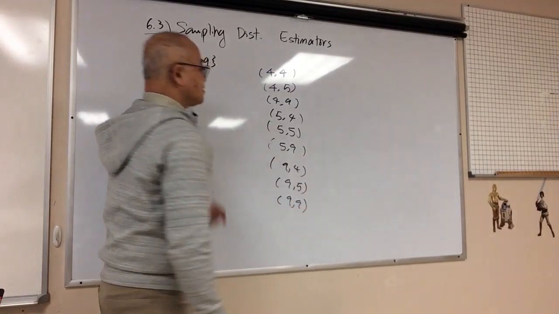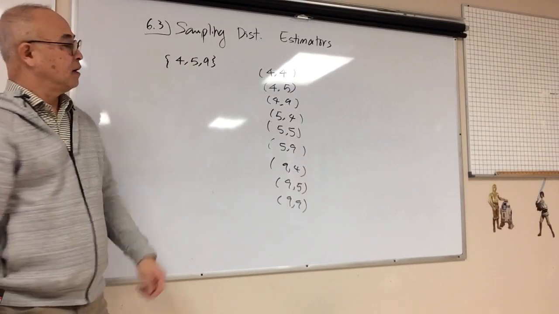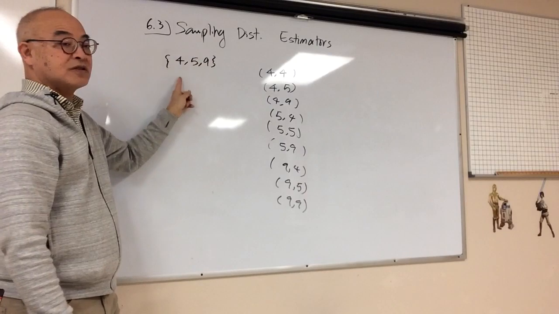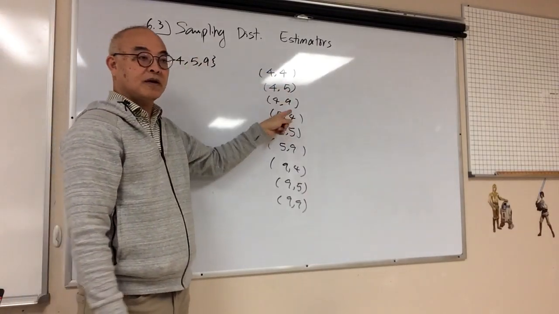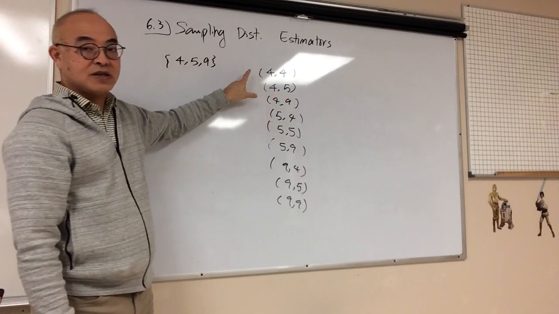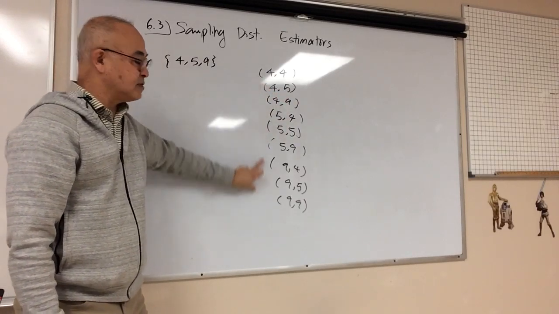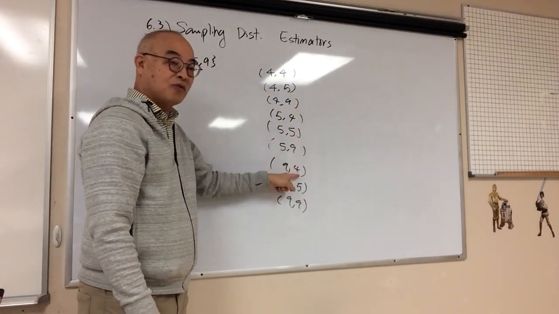Can you see that there are 9 distinct possibilities? Because I have 3 choices for the first, and then any of 3 on the back. Can you see the logic of how I group these? 4s, 5s, and 9s, and then 4, 5, 9, 4, 5, 9, 4, 5, 9, right?